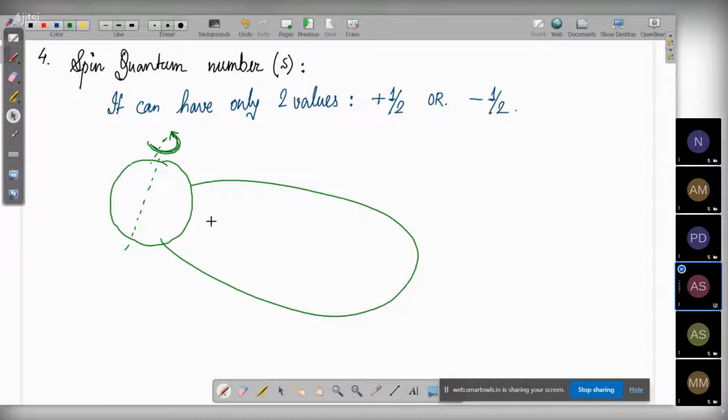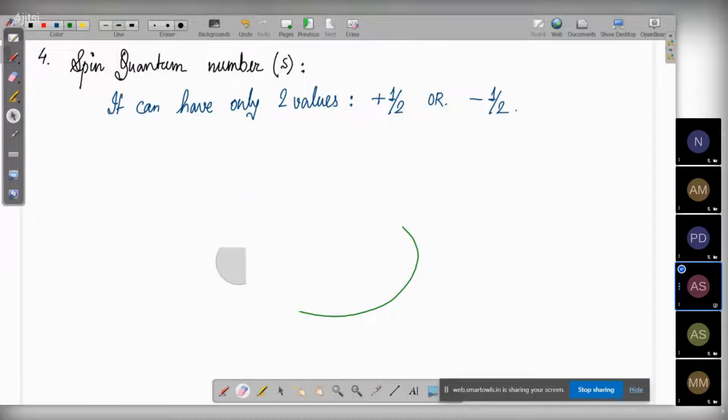So the Earth revolves around the Sun as well as constantly rotating on its axis. For the electron also the same thing happens: the electron revolves around the nucleus, but it also spins on its axis.